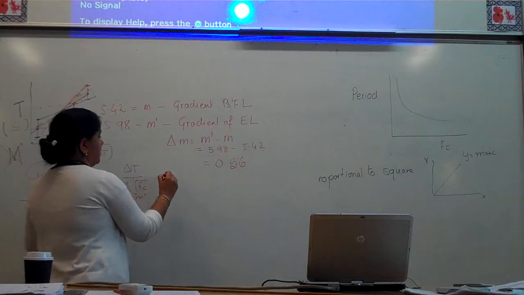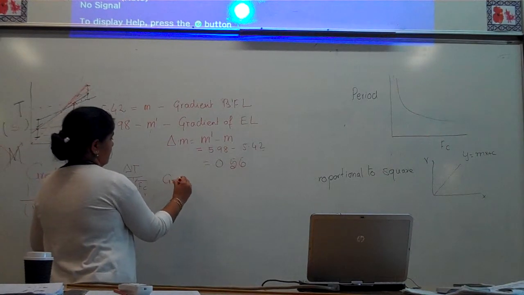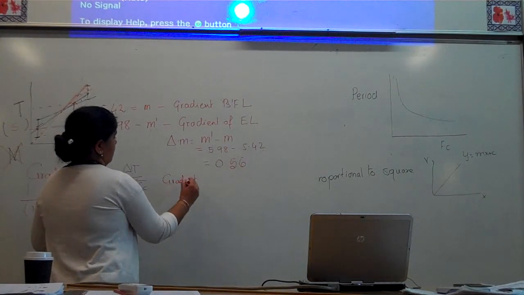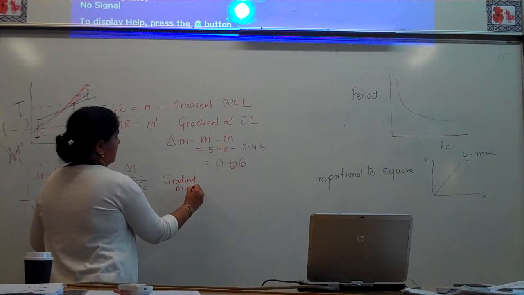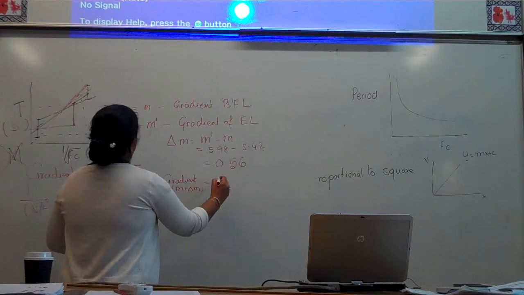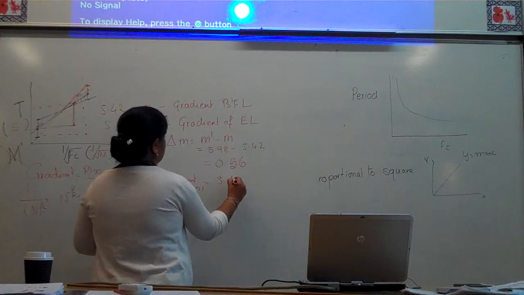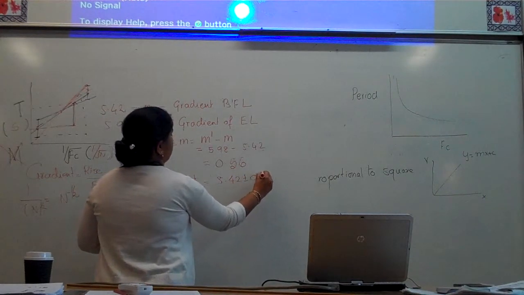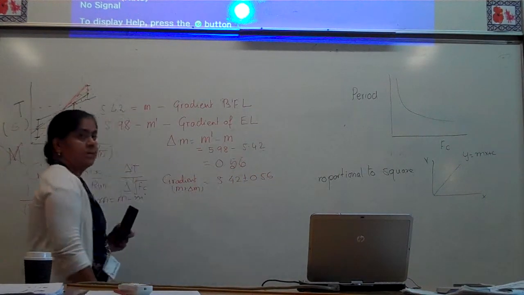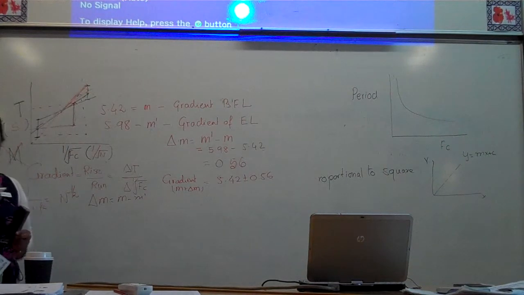So the final gradient plus and minus uncertainty is 5.42 plus and minus 0.56. This should not be my final answer if I am aiming for excellence or merit.